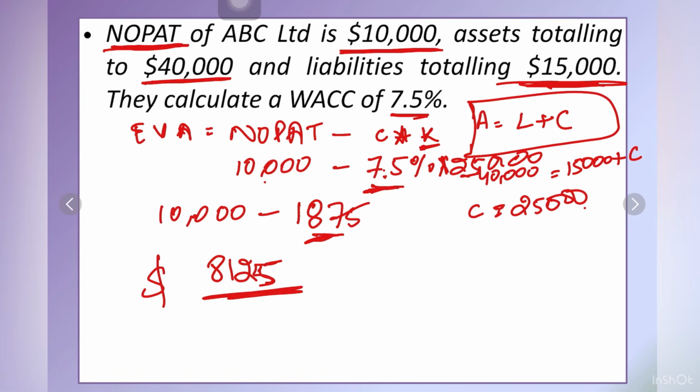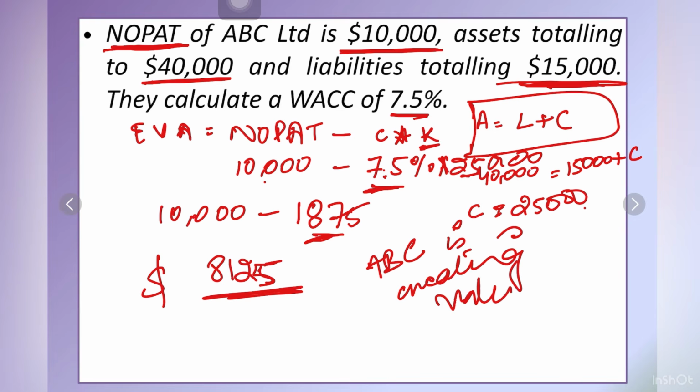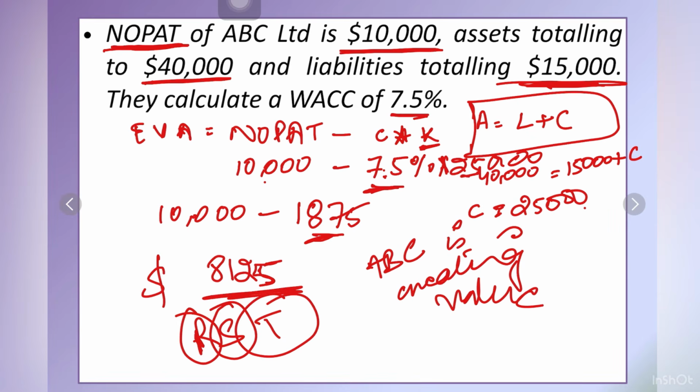Hence, I can say that ABC Limited is creating value, right? So if you want to make a comparison of, say, R, S and T, R is one firm, second is S, and last is T, and if you compute the EVA of these three firms, whichever firm is creating more value, you can go for that.